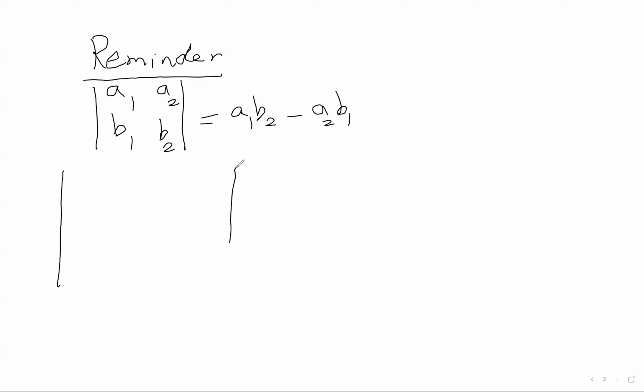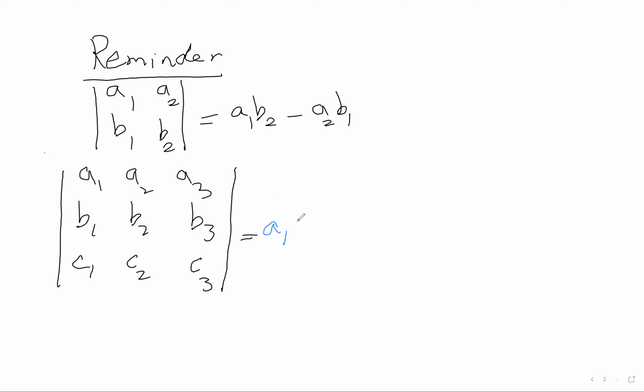Suppose I have a 3 by 3 matrix, A1, A2, A3 in the first row, B1, B2, B3 in the second row, and C1, C2, C3 in the third row. The way that we define the determinant is we expand using the first row. Look at the first row, consisting of A1, A2, A3.